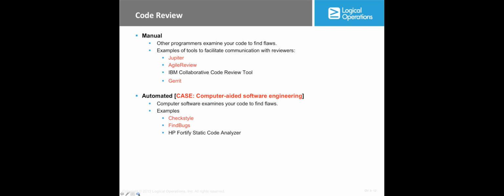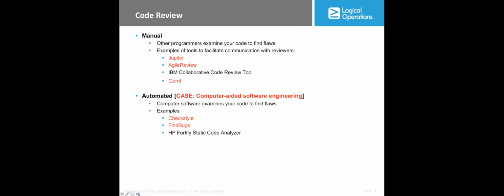It helps bridge the gap. It knows what the code is supposed to look like. It's going to flag general code flaws against known standards. Once again, check style and find bugs.